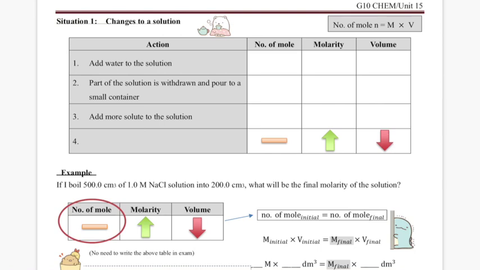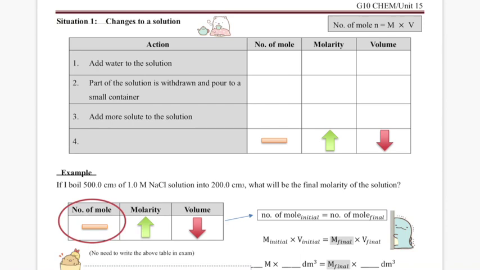If the number of moles has increased, please use an arrow pointing upwards. If the number of moles of solute has decreased, then please use an arrow pointing downwards. So please pause the video here, read all the actions, think about it, and try to fill in this table before I explain it to you.